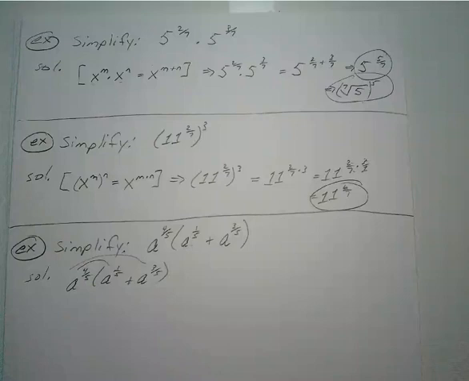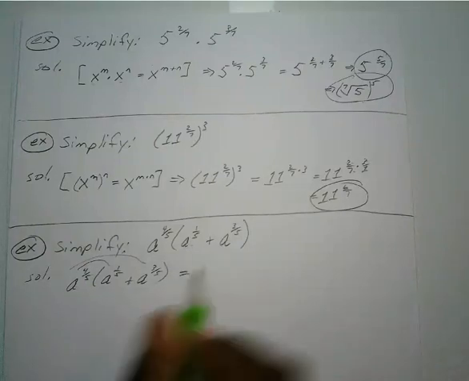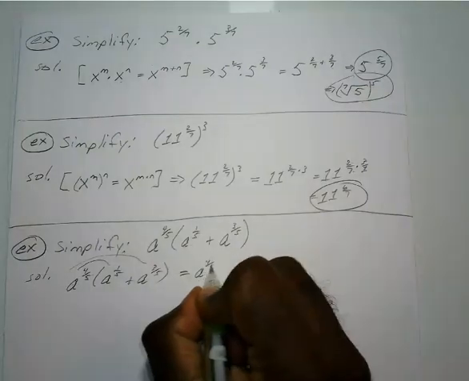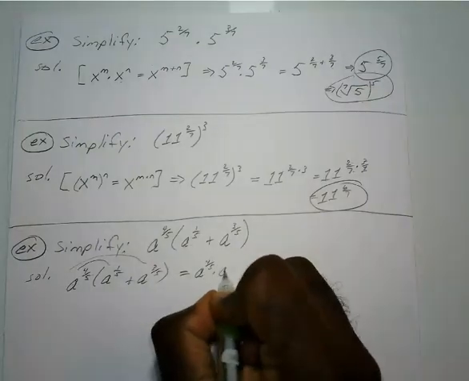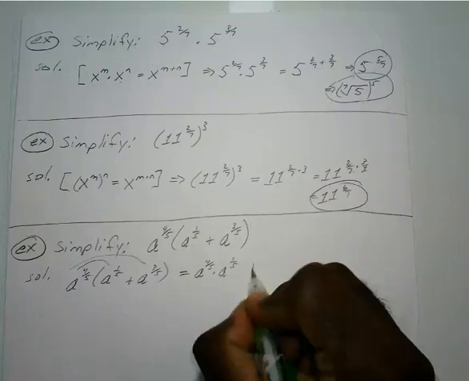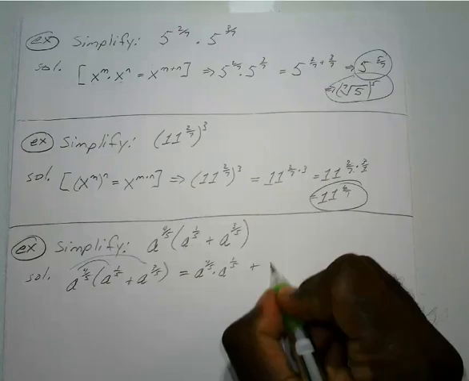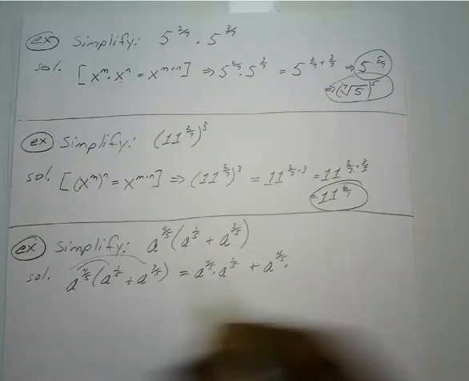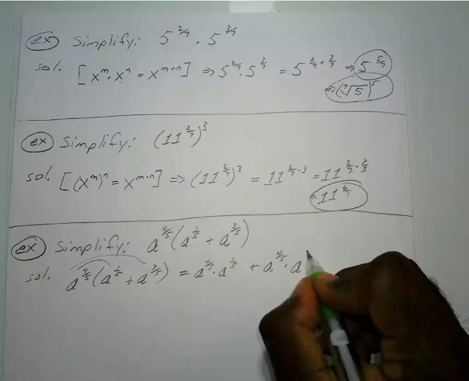So that's going to equal a to the 4/5 power times a to the 1/5 power plus a to the 4/5 times a to the 3/5 power. Okay, so same distributive property as always.